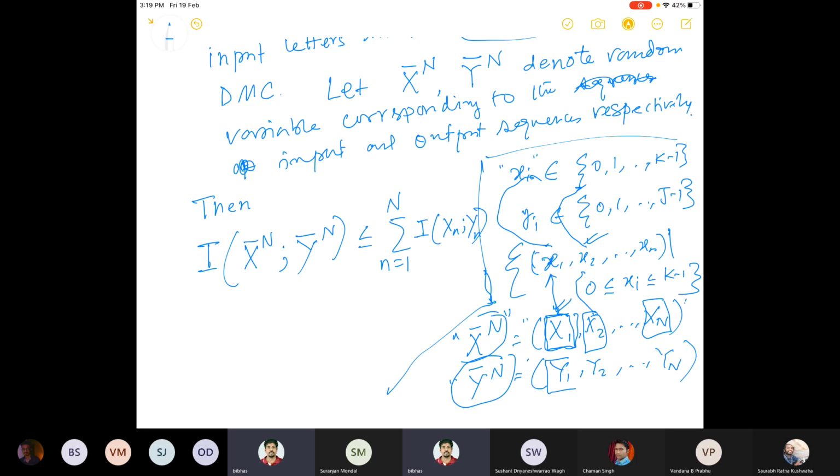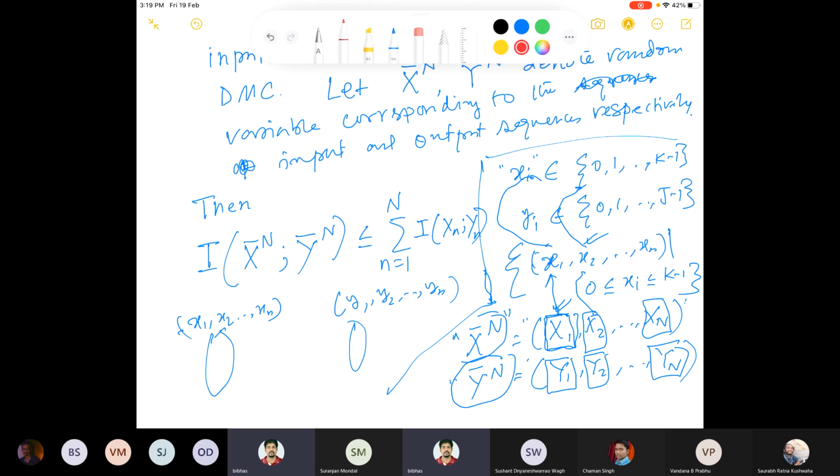Now there is a corresponding random variable Y1, Y2, ..., Yn. If your input is X1, X2, ..., Xn and your output is Y1, Y2, ..., Yn, and you do it for all possible inputs, all possible is given by this joint one. So here it will be X bar n, here it will be Y bar n.